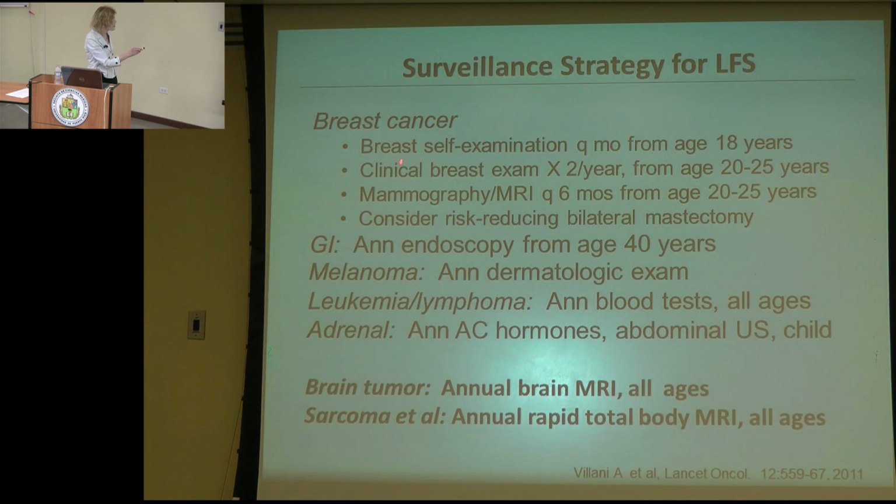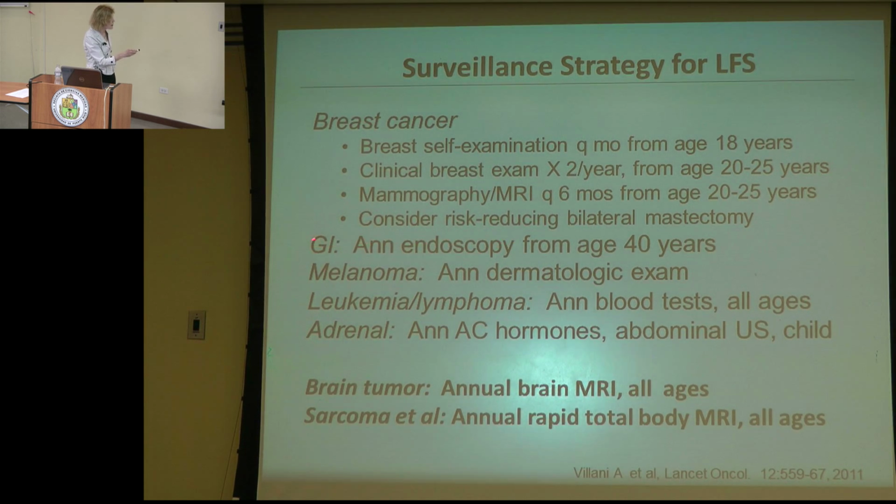A lot of people recommend alternating mammography with MRI every 6 months, again beginning at quite early ages, and consider risk-reducing surgery. And so these kinds of things have been implemented, at least in recent years, for known women who carried p53 mutations.